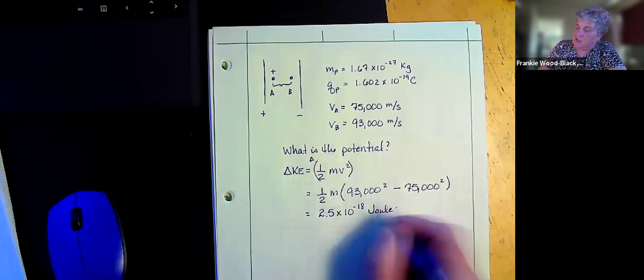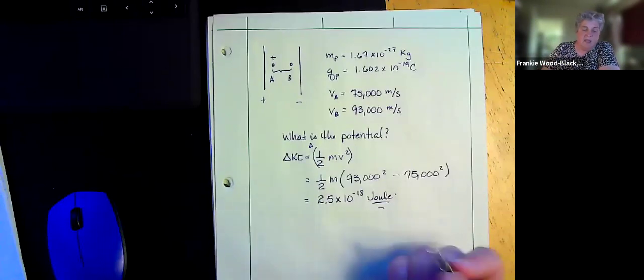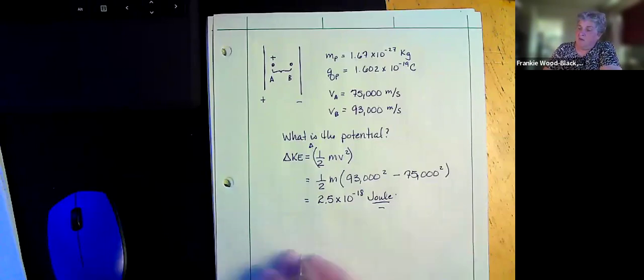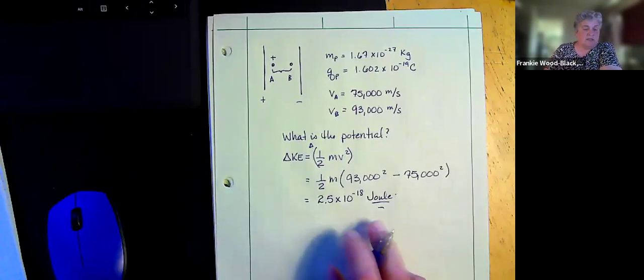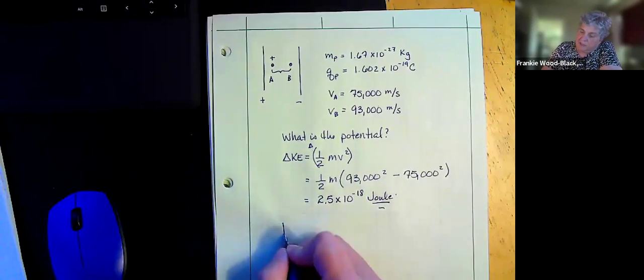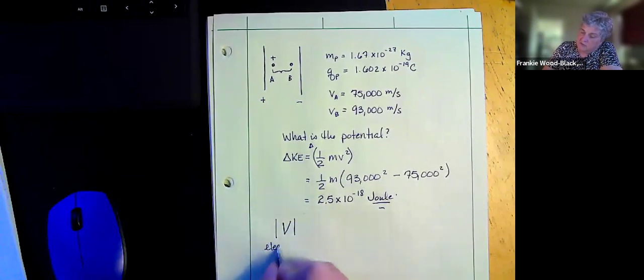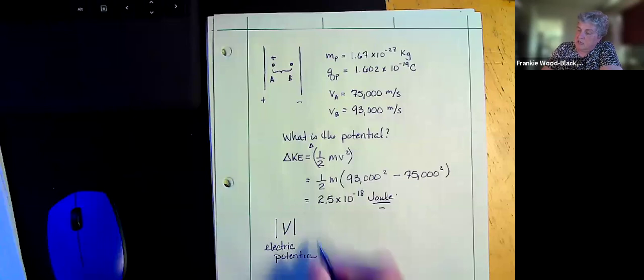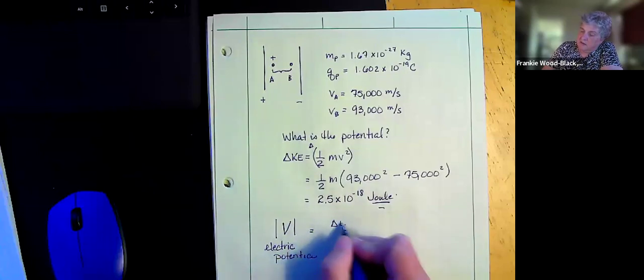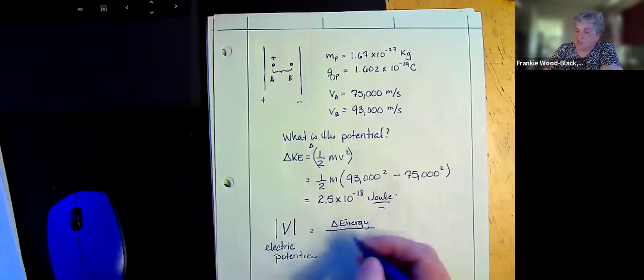Because remember, we're in energy, so I've got to be in joules. Now my electric potential is going to equal my change in energy divided by my charge.